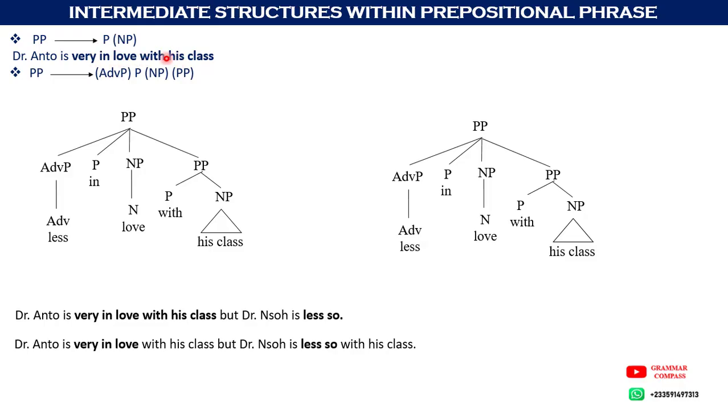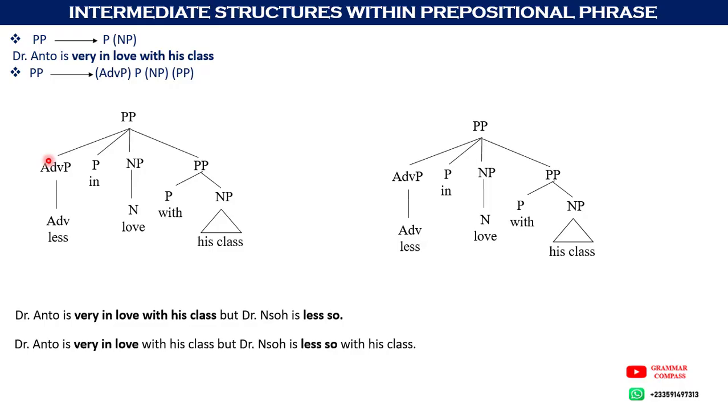Now here we can develop a flat rule, a flat structure for this prepositional phrase. That is, the preposition is modified by an adverb phrase "very," and then it is qualified by the NP "love," and then qualified by the PP "with his class." Now if we draw the tree for this prepositional phrase in phrase structure grammar, this is what we are going to have.